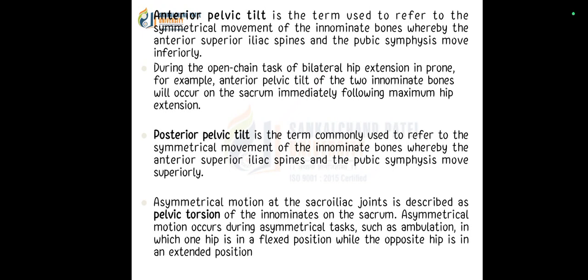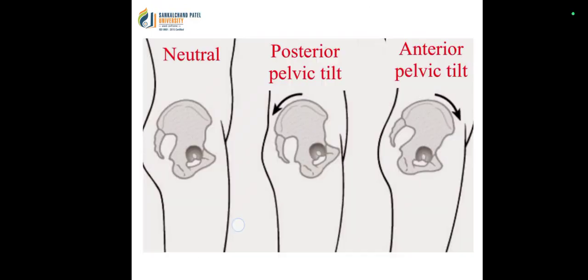Symmetrical motion at the sacroiliac joint is described as a pelvic torsion of the innominates on the sacrum. Asymmetrical motion occurs during asymmetrical tasks such as ambulation, in which one hip is in a flexed position while the opposite hip is in an extended position.